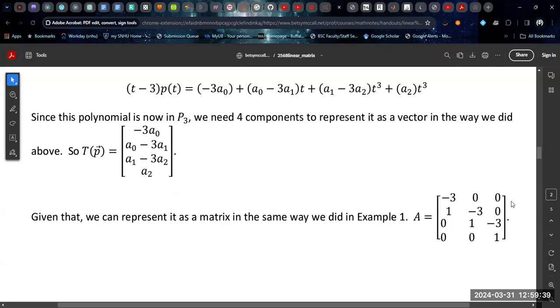Again, this across is the number of dimensions I started with. Going down is the number of dimensions I'm going to end up with. No a0, 1, -3, and then in my bottom row, just the 1.